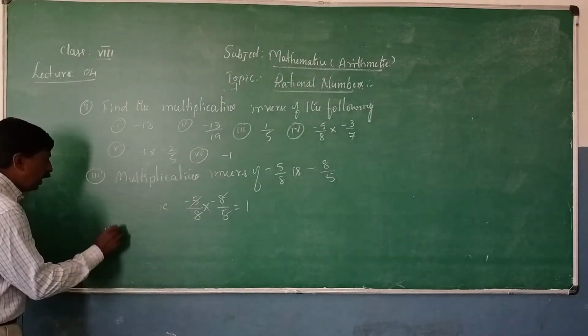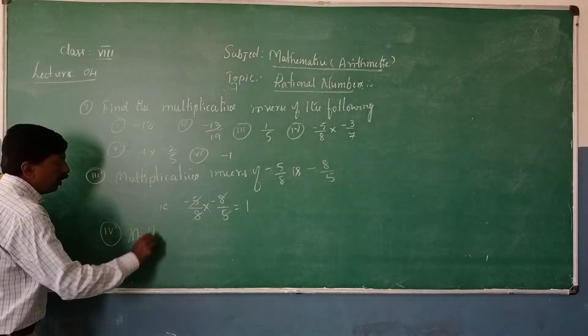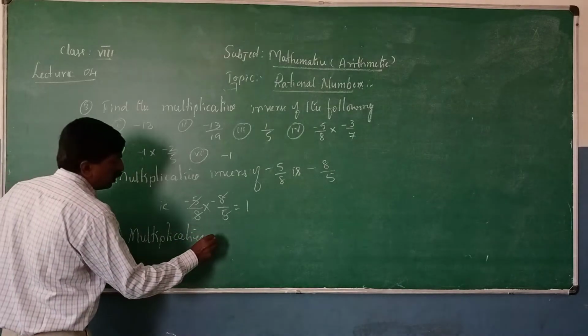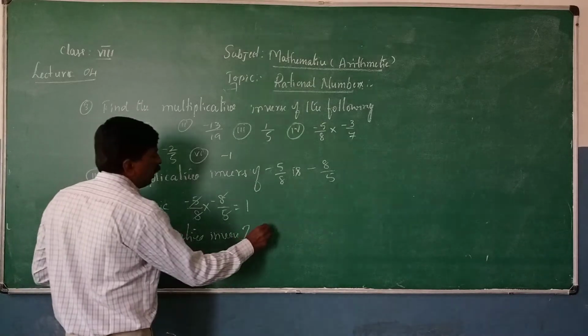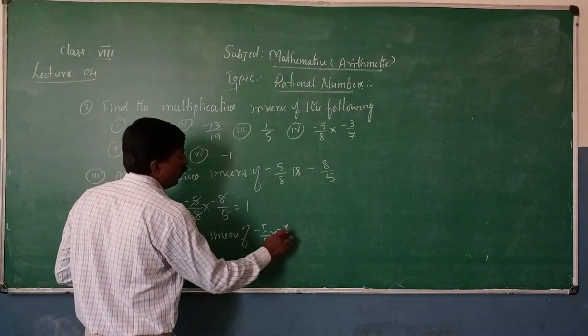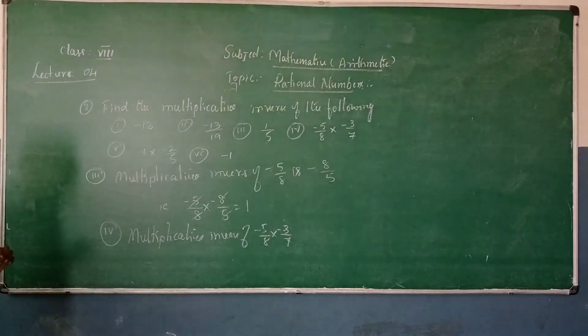That is the multiplicative inverse. Again, the next question, the multiplicative inverse of a very interesting one: minus 5 by 8 into minus 3 by 7. Find its multiplicative inverse.